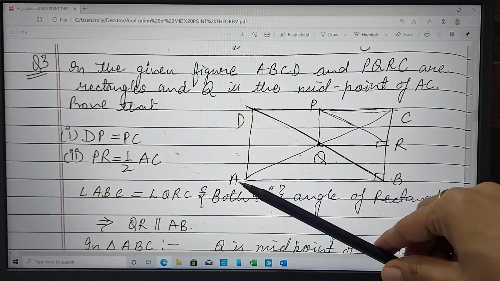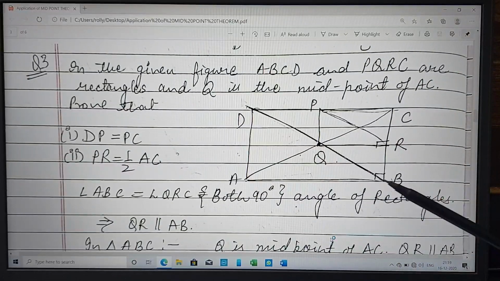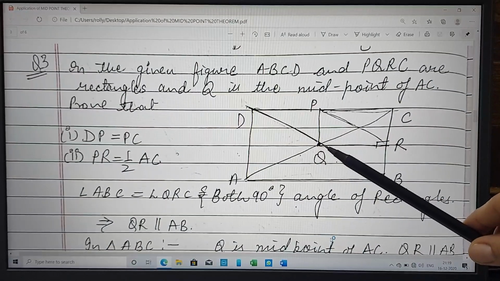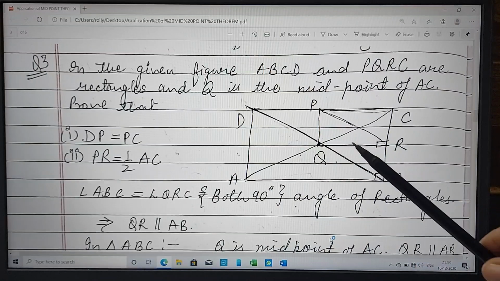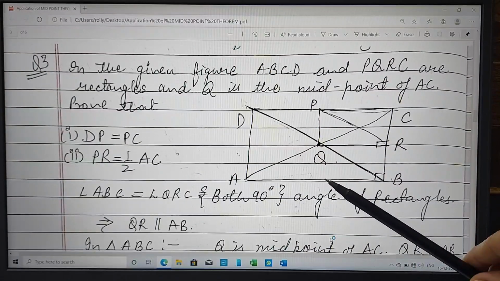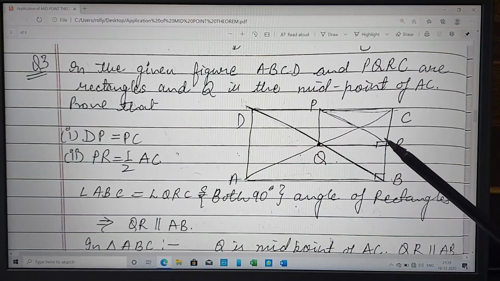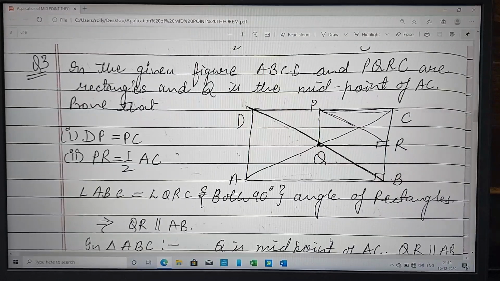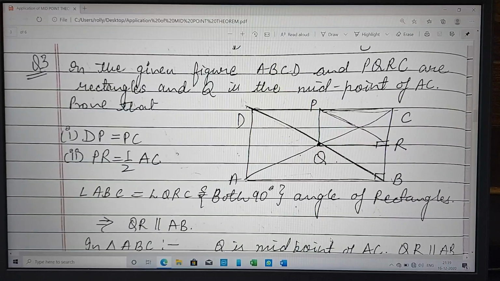So if we take triangle ABC, in triangle ABC, Q is the midpoint of AC, and QR is parallel to AB, which we have just proved. It means R is the midpoint of BC.